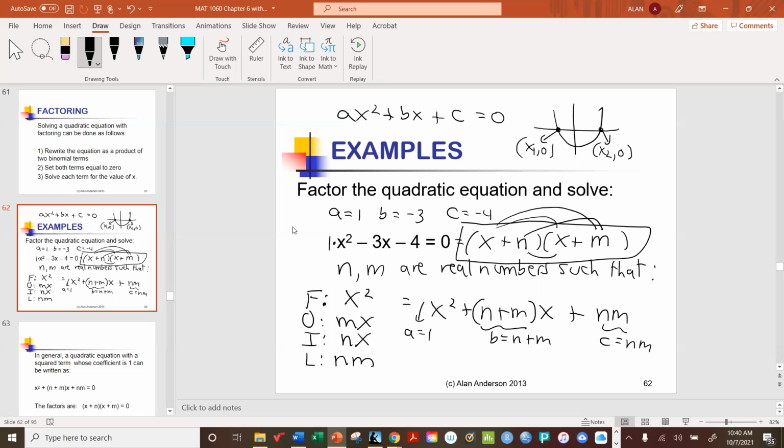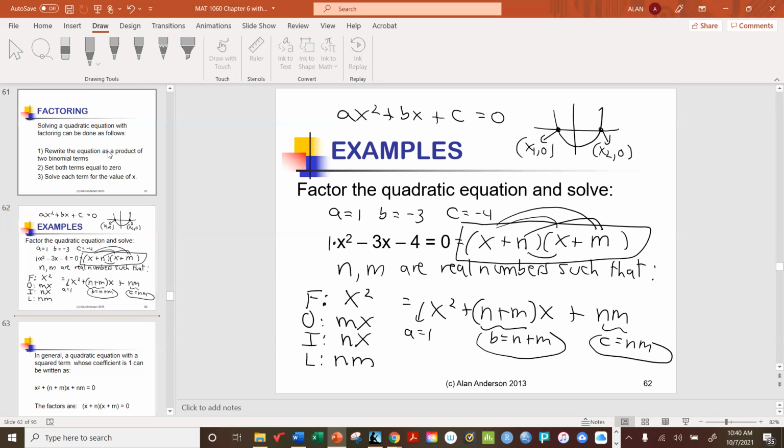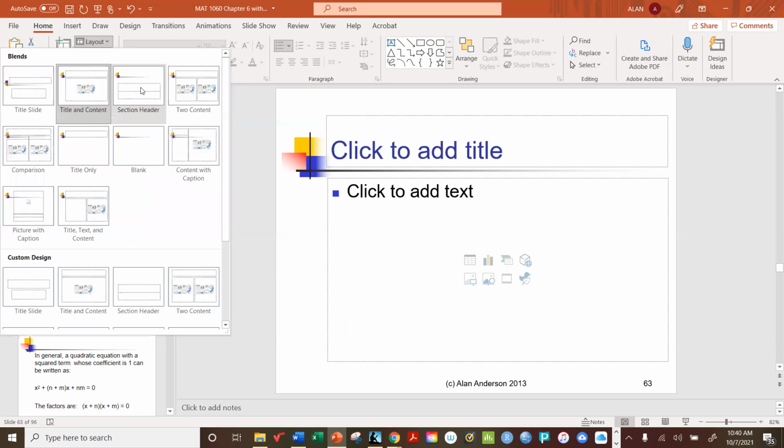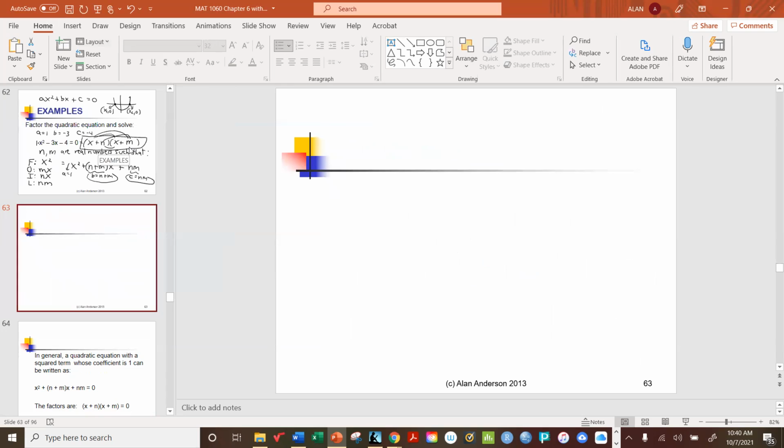So now what you actually have here is 2 equations and 2 unknowns. These 2 have to be solved simultaneously. For this particular case, let's write it down again: x squared minus 3x minus 4 equals 0.